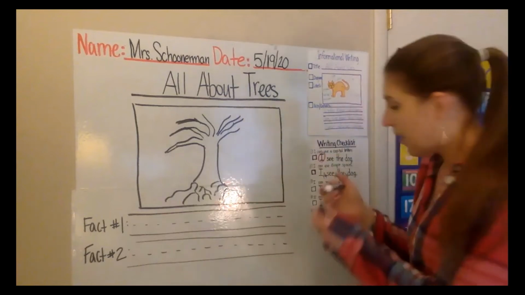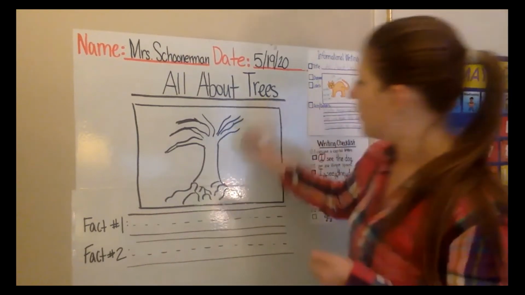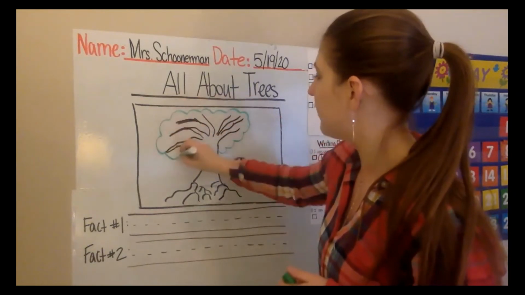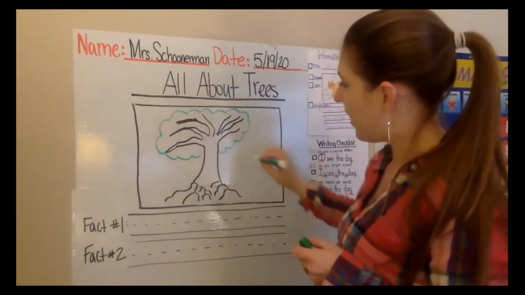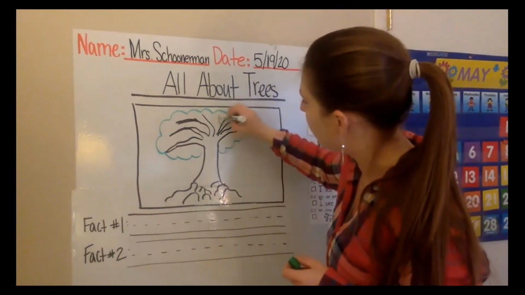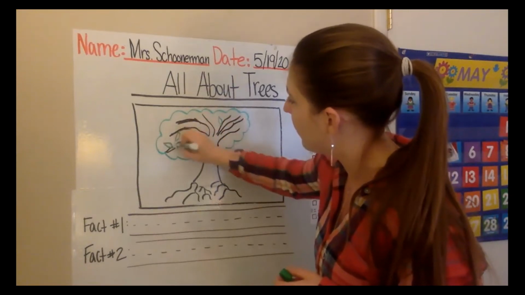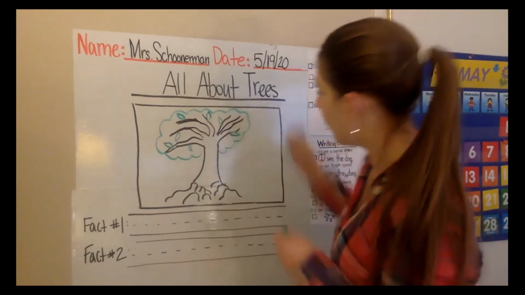And I better get out my green for this part because the tree has leaves too. So we could add some leaves. And I'm going to add a couple smaller leaves coming off the branches here. There, with my green marker.